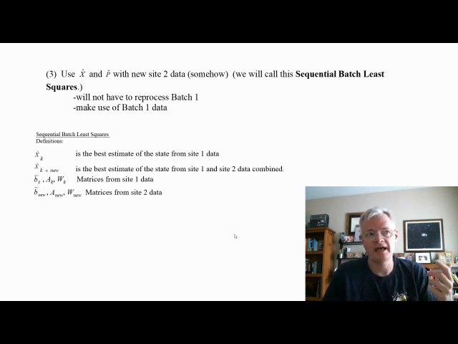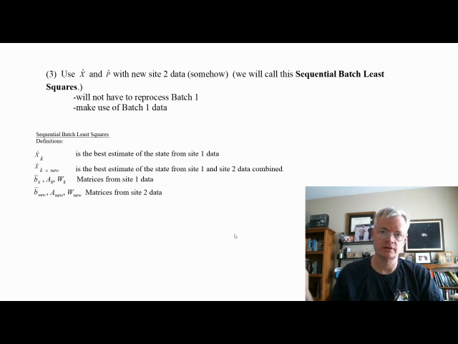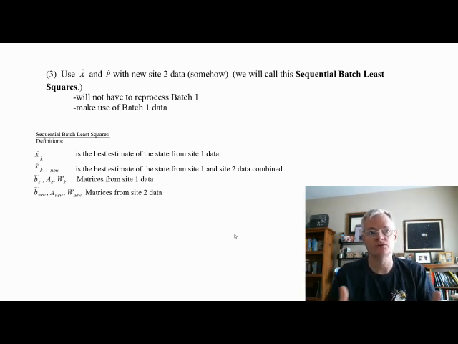I don't think we've used p hat before, but as you'll see in a minute, p is just the covariance matrix, shorthand for that. So if we can use our old answer and all of our old matrices, and then use new site 2 data somehow, and we can combine that without redoing all the old stuff, then that's going to be the smartest way of doing that.